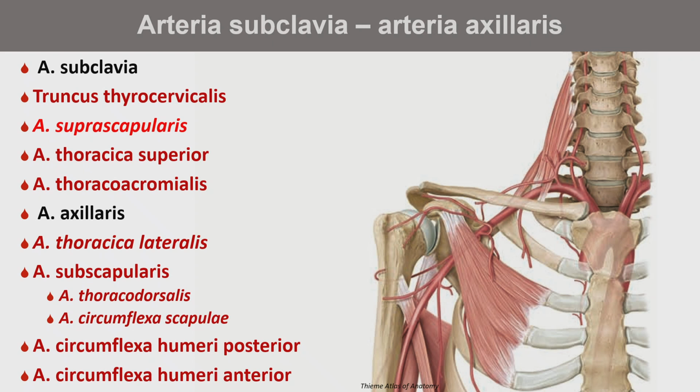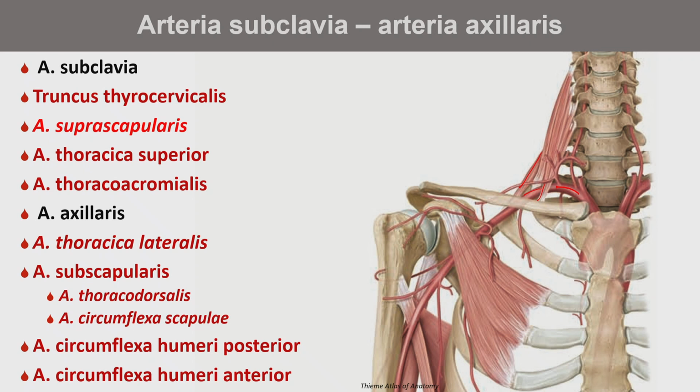So then the subclavian artery is going to the axillary region. The subclavian artery, as seen on this image, is going in the fissure between the scalenus muscles. The anterior scalenus is in front of it, and the fissure is called fissura scalenorum.